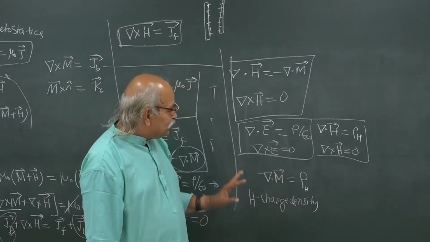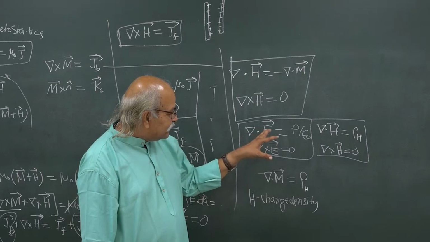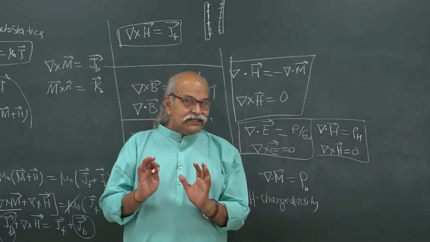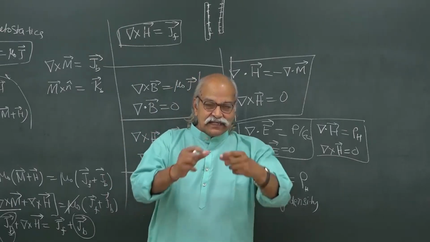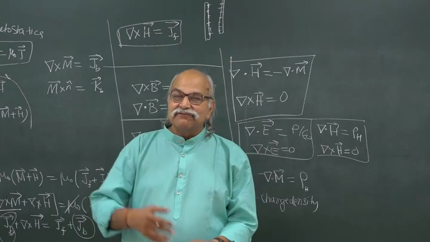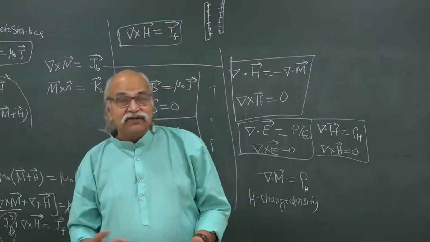So, let us take some cases where we can use this, and so there are two methods. Finally, suppose our problem is that there is a magnet or a magnetized material and I want to know the magnetic field because of this, B field because of this.